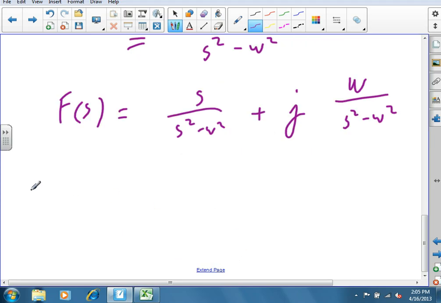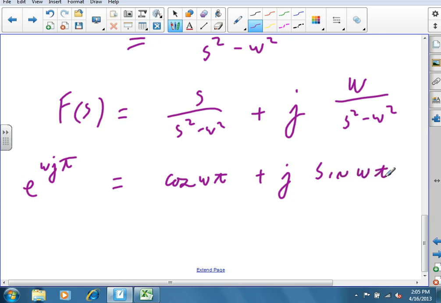Now, the original function we had, we all remember, was e to the omega jt, right? And you remember from this series of approximations we did that e to the omega jt is cosine omega t plus j sine omega t.